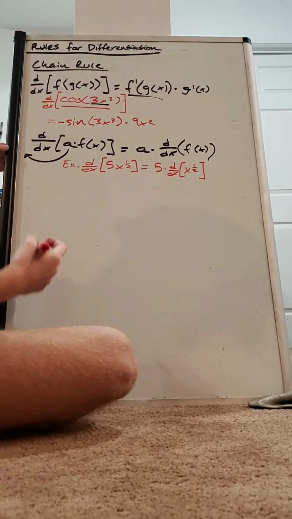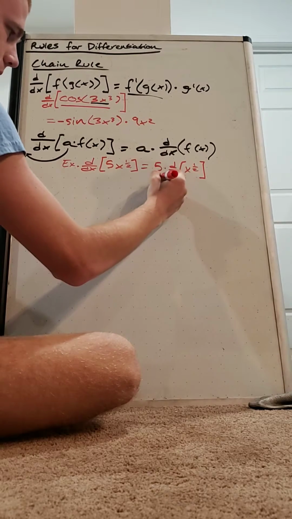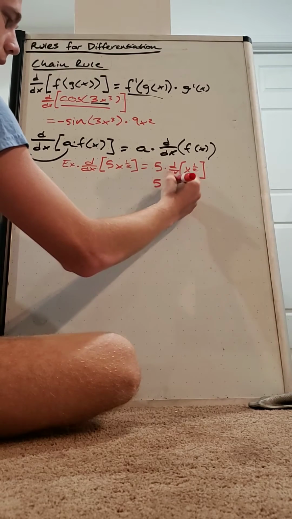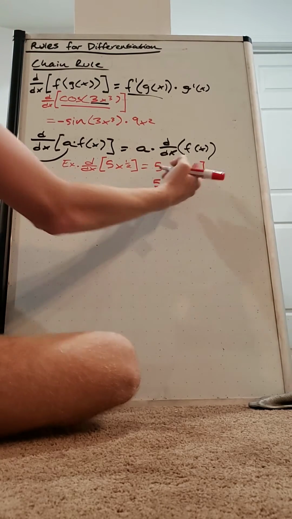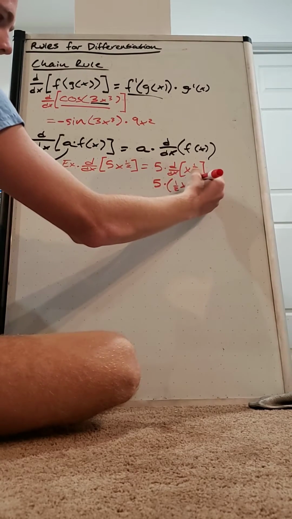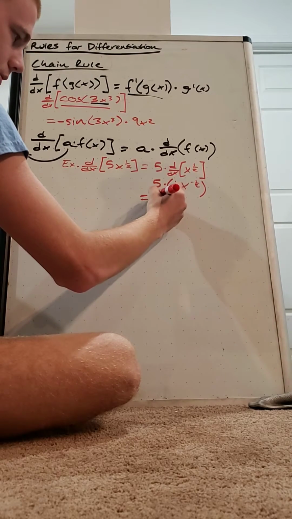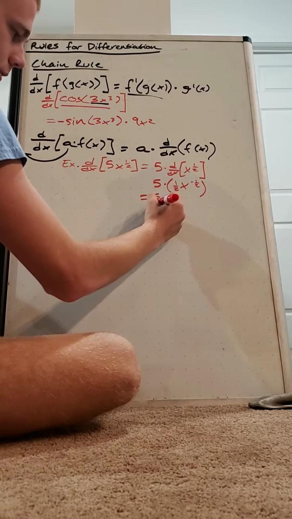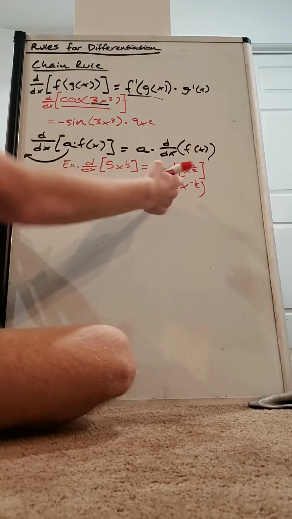And the way to do that is by using the power rule. You bring the 1/2 to the front. So you still have this 5 here, and that would be 1/2 times x, and then you subtract 1 from this to get x to the negative 1/2. And that's just equal to 5/2, or 5 over 2 square root of x. Since this is negative, you can bring it to the bottom.